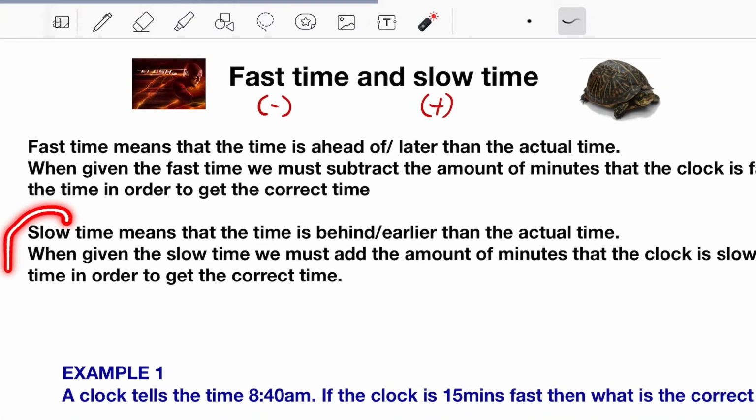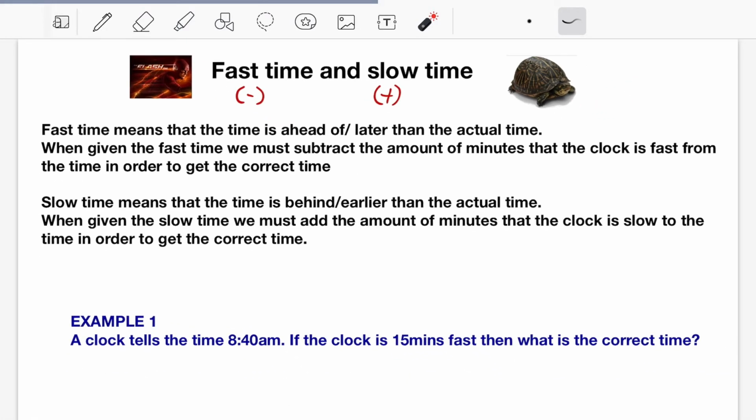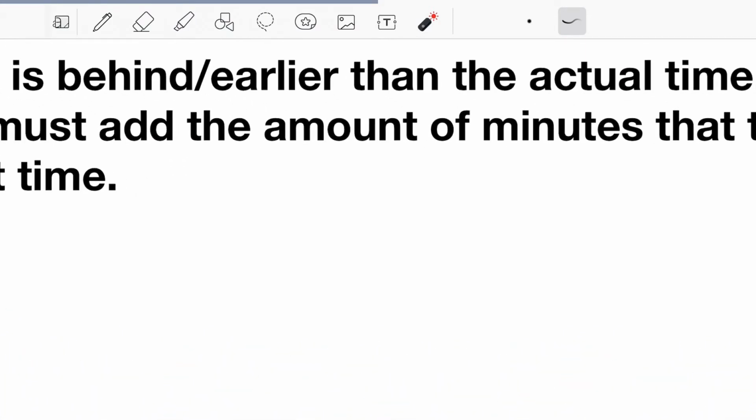So now we have slow time. Slow time means that the time is behind or earlier than the actual time or the correct time. When given the slow time, we must add the amount of minutes that the clock is slow by to the time in order to get the correct time. So let me give you an example.